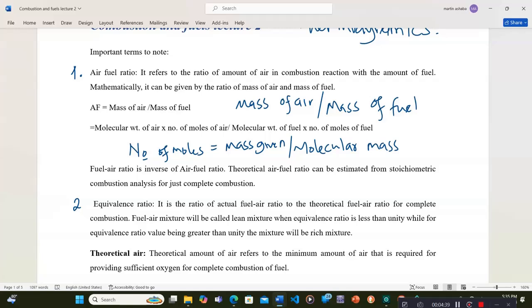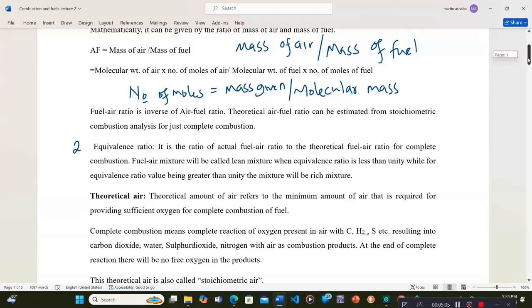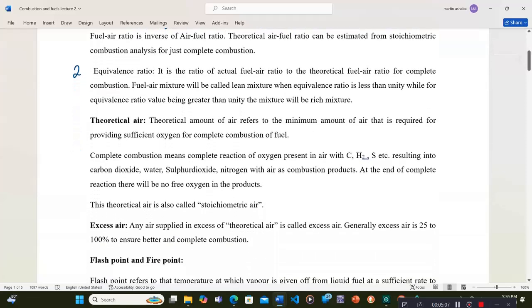So the values of equivalence ratio will be varying. It is important to understand the specific reaction that is taking place; by carrying out the stoichiometric analysis, you are able to determine the equivalence ratio.